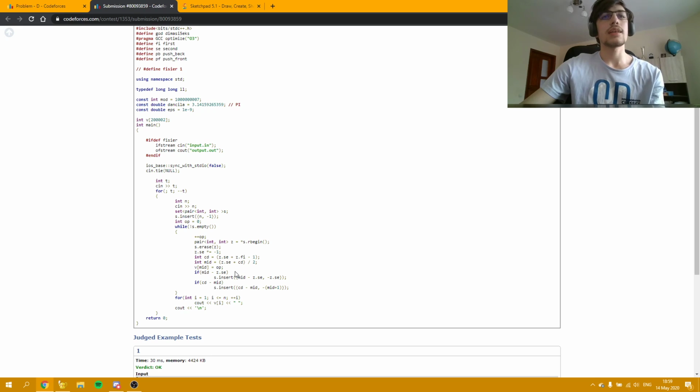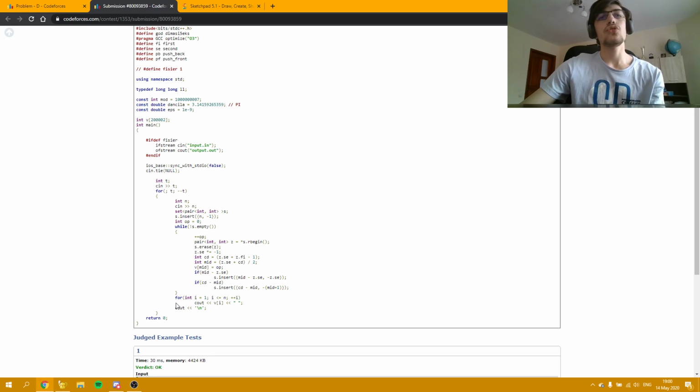Now I add to the set the two intervals resulting from splitting the big interval, assuming they actually exist. This can be done quite easily by using a set, since the insertion is also log n.